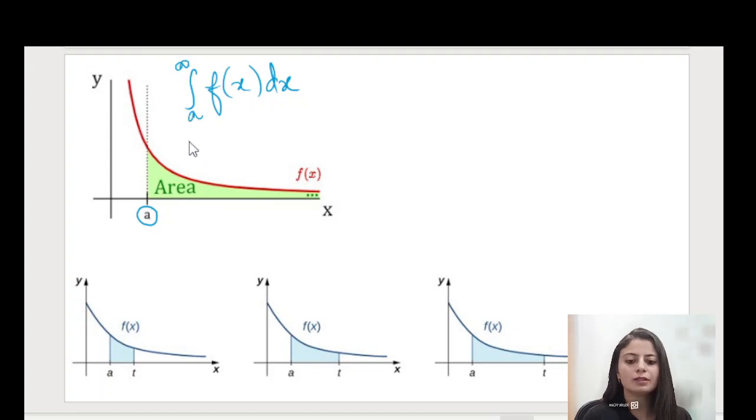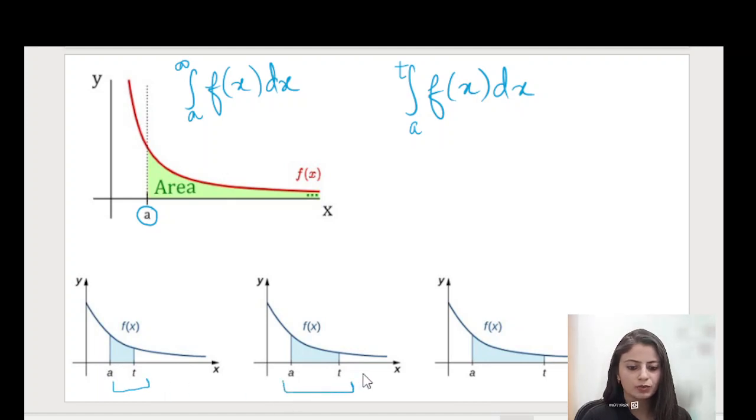Now, how can we define this integral? We can integrate f(x) dx, lower limit as a, upper limit as t. So as t takes larger and larger values, using this graph, you can observe that the area under this function f(x) would become equal to this area, which is shaded in this green color.